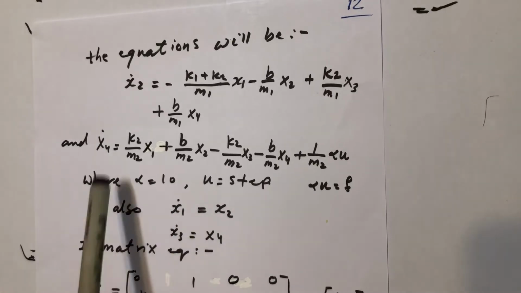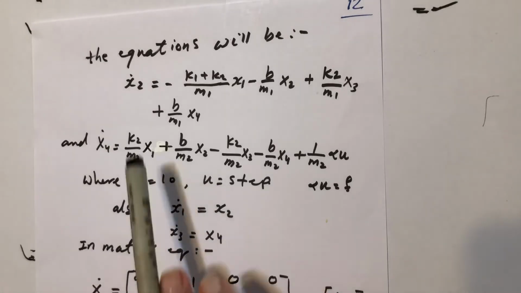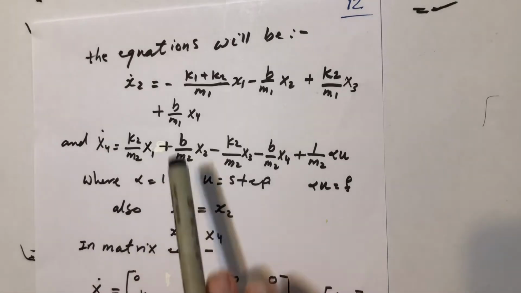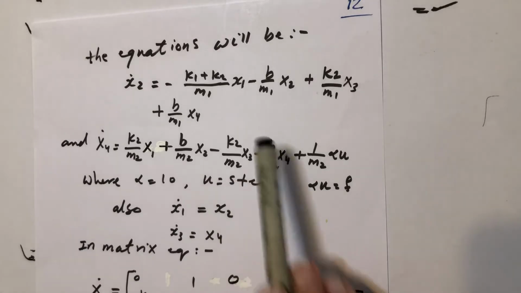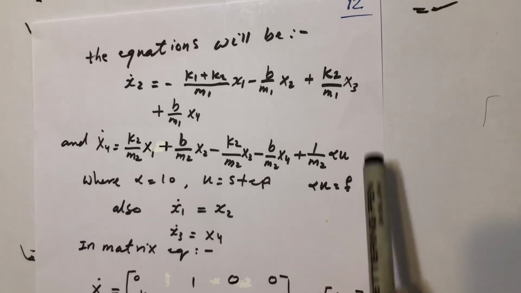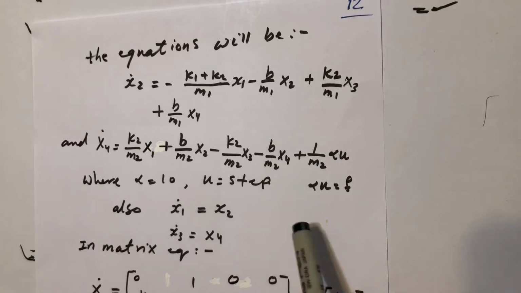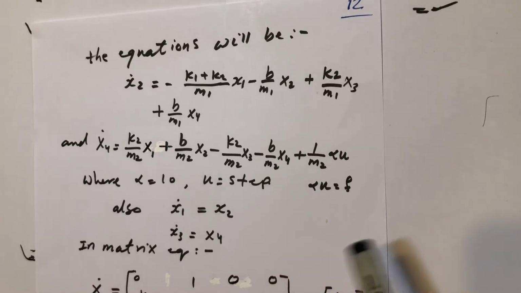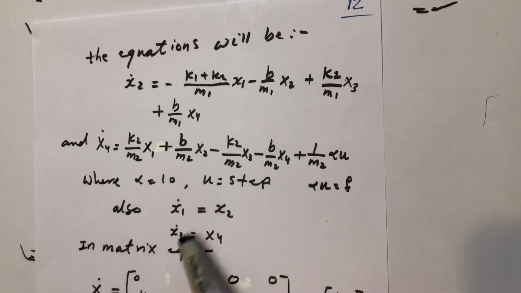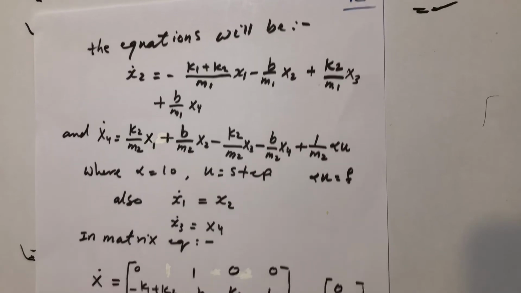And the other equation: x4 dot equals k2 over m2 x1 plus b over m2 x2 minus k2 over m2 x3 minus b over m2 x4 plus 1 over m2 alpha times u. Alpha is a factor so that you can choose the level of u, which is a unit step. You can change it in MATLAB. Here alpha is chosen equal to 10, so you have a step of 10.